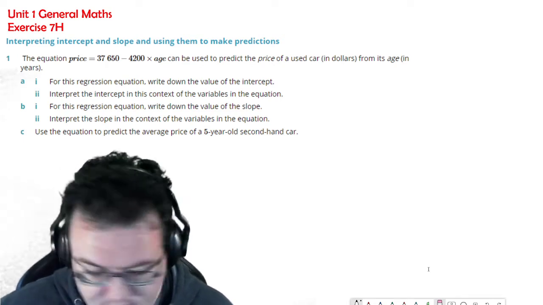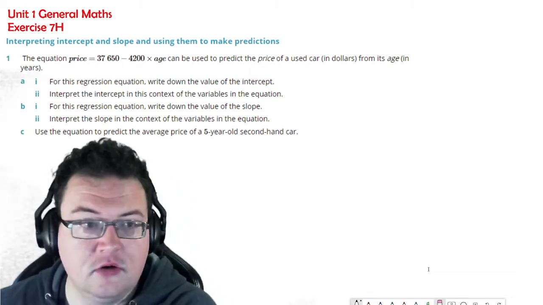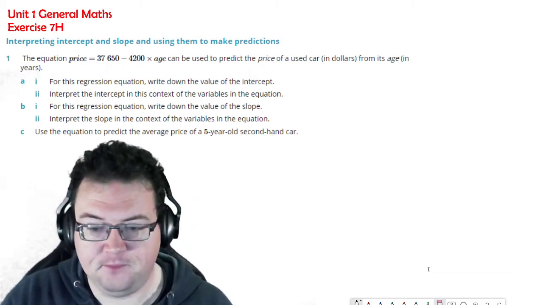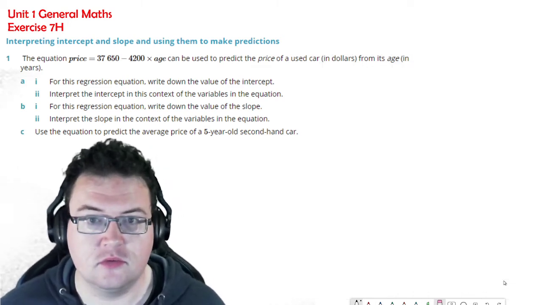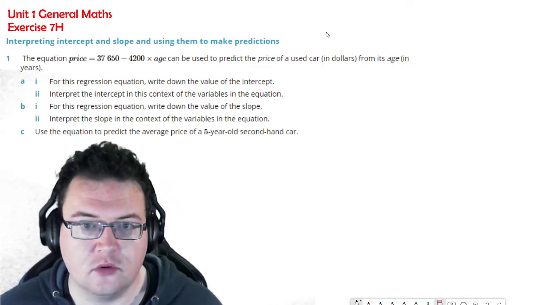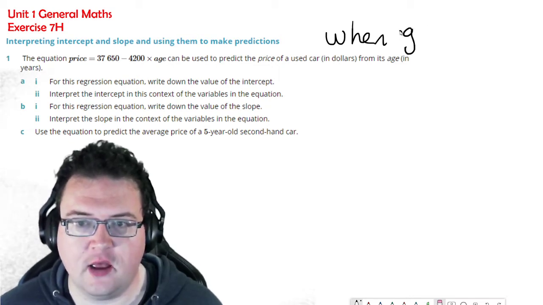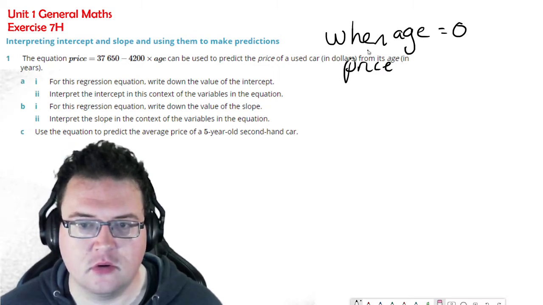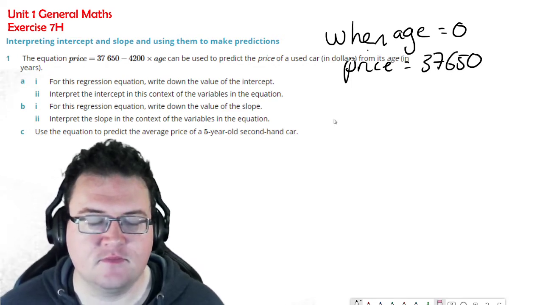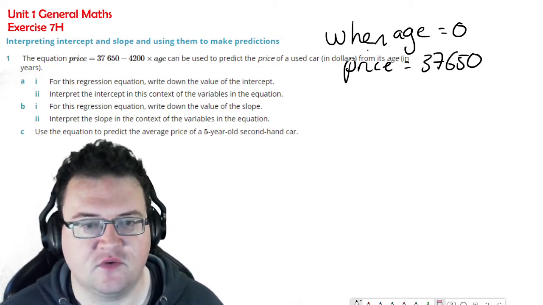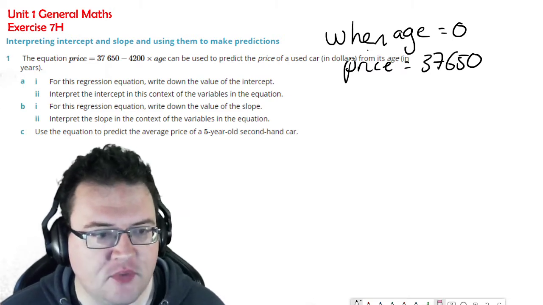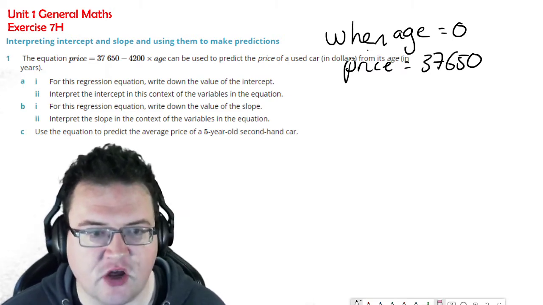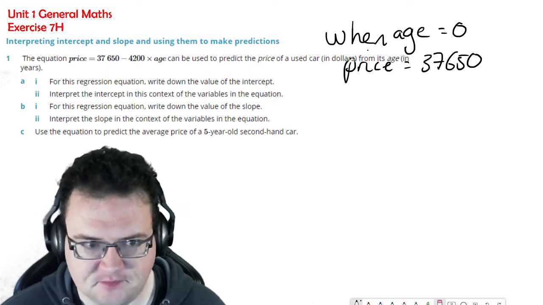So in the case of our equation here, when age equals 0, price is 37650.